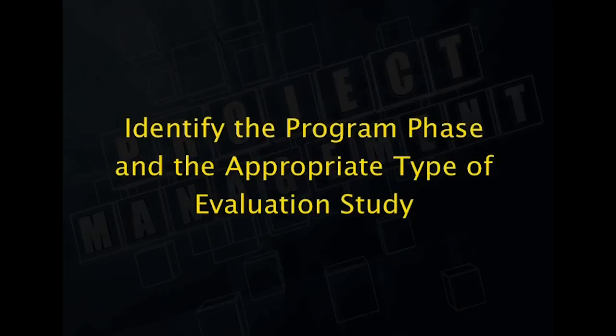Step 2, identify the program phase and appropriate type of evaluation study. There are a number of types of evaluation studies, such as needs assessment, baseline studies, formative evaluations, summative evaluations and follow-up studies. The type of evaluation study utilized is selected on the basis of the stage of the program, program requirements and stakeholders' interests.